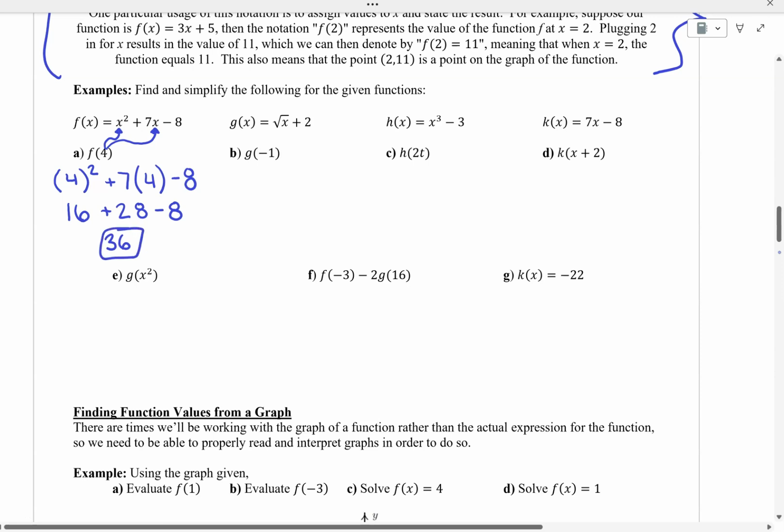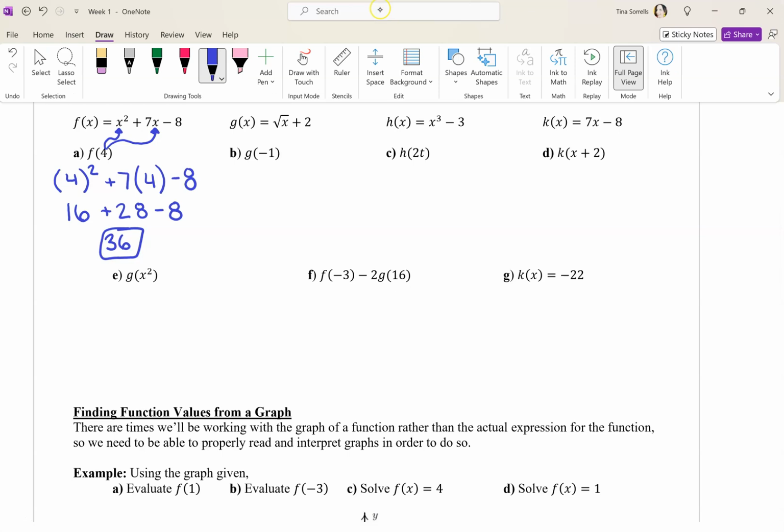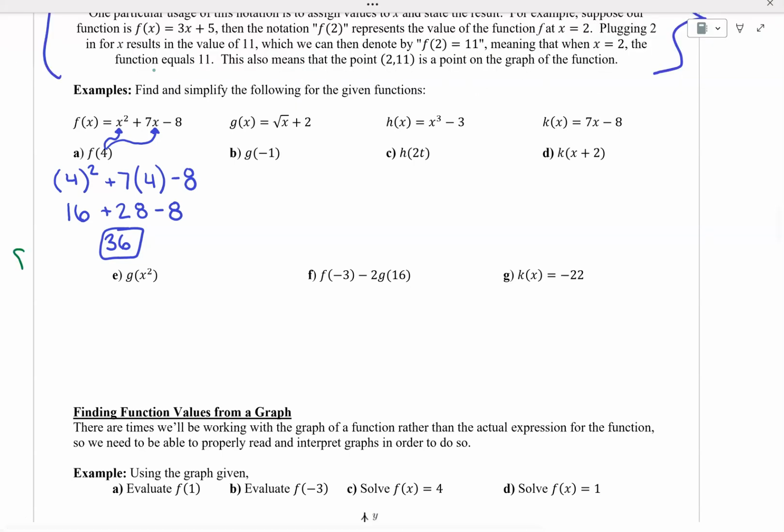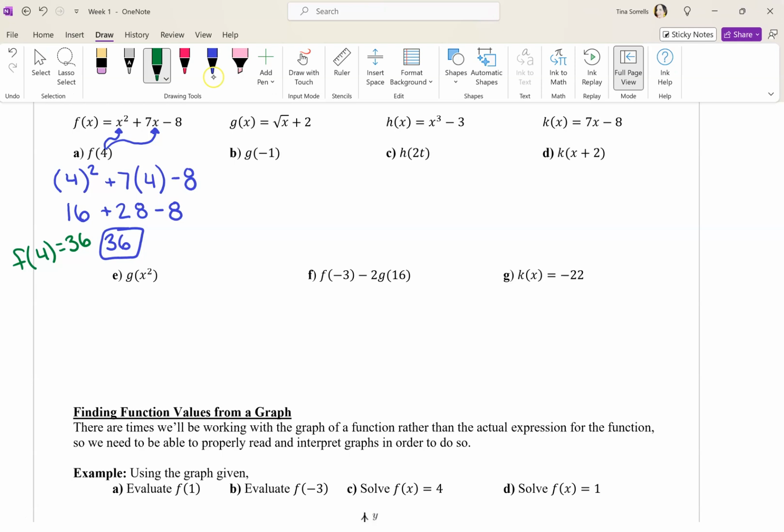Okay, so we're not solving equations here. We are just substituting in and simplifying down. Now, if you want to write your answer as f of 4 equals 36, that is fine. However, I just don't want you solving the equation because the answer to this problem is 36.